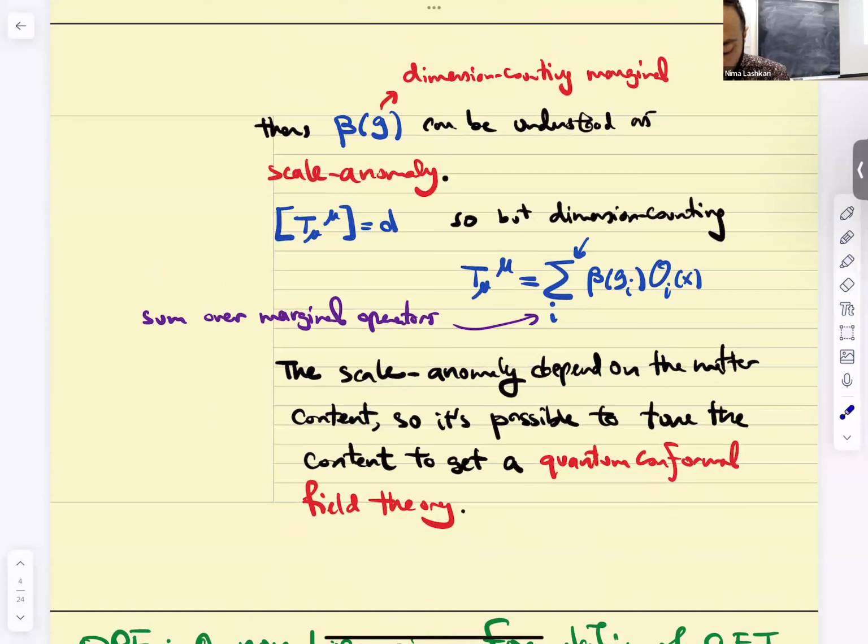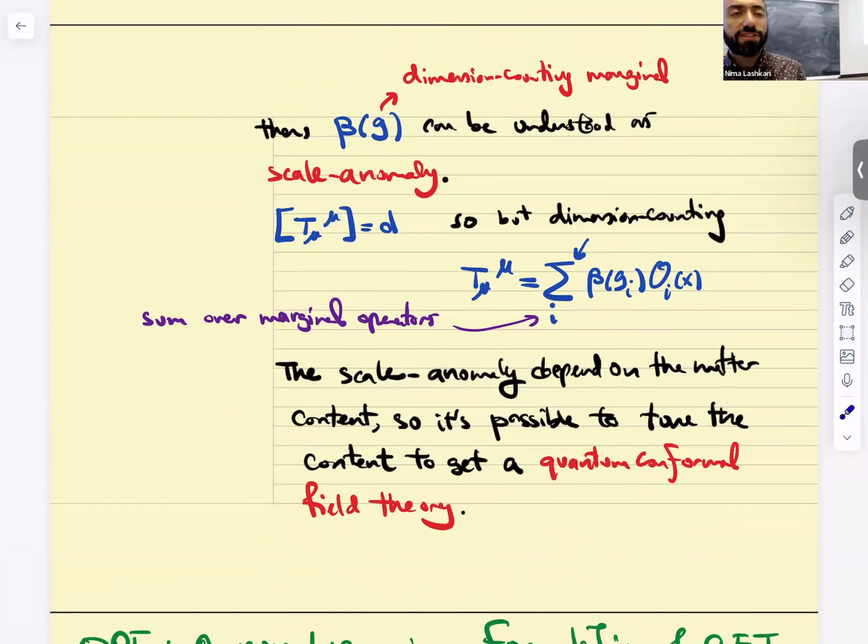Good. So scale anomaly depends on the matter content. And it's possible to tune the content to get a quantum conformal field theory, a scale invariant field theory, right? Which, if relativistic, we discussed this, could become conformal. What are the generators of conformal symmetry?